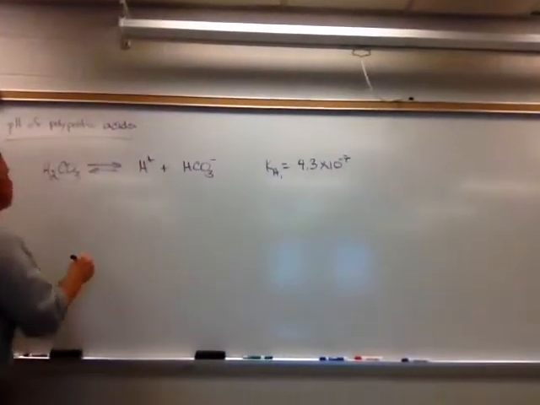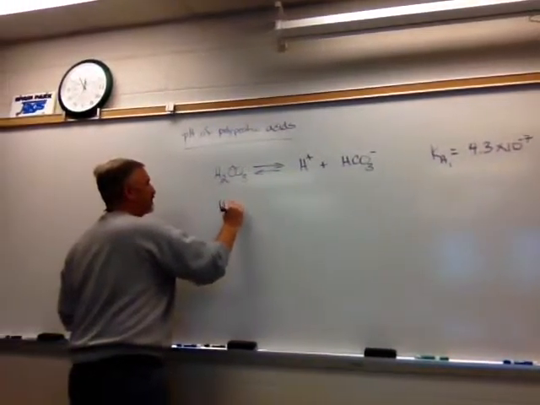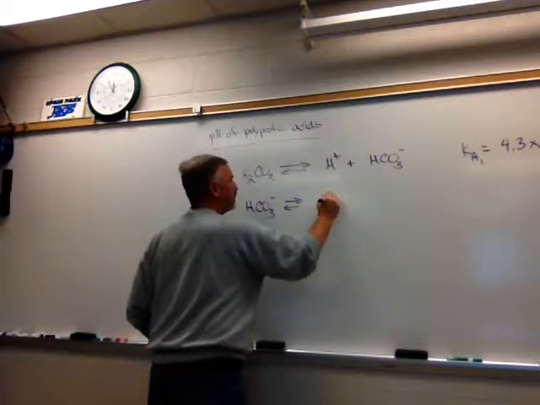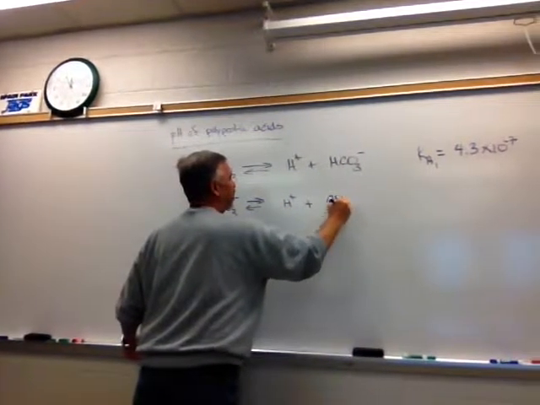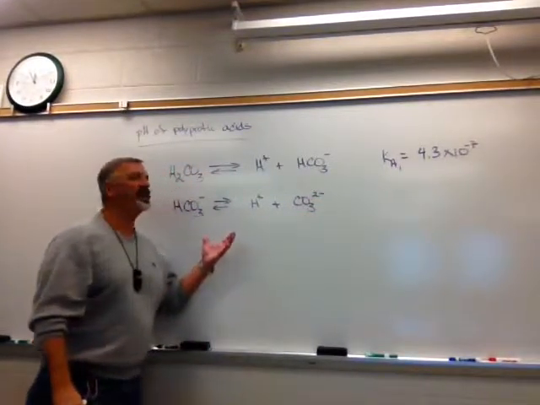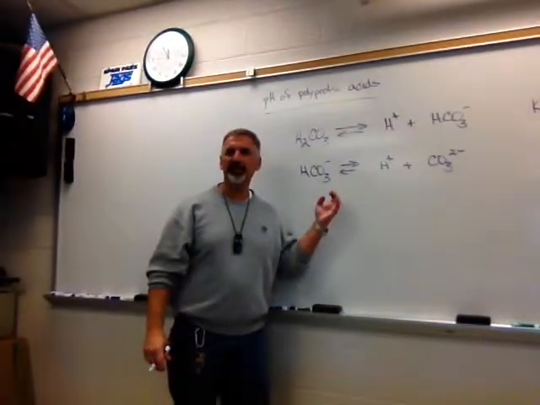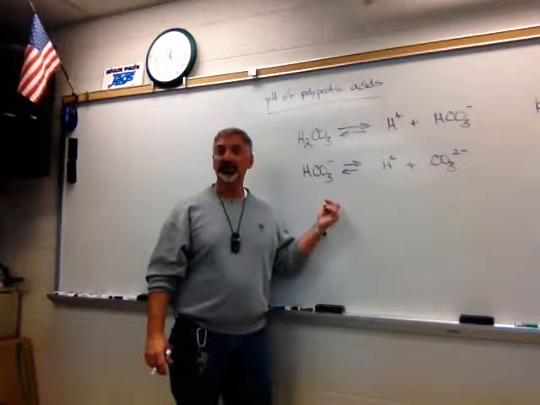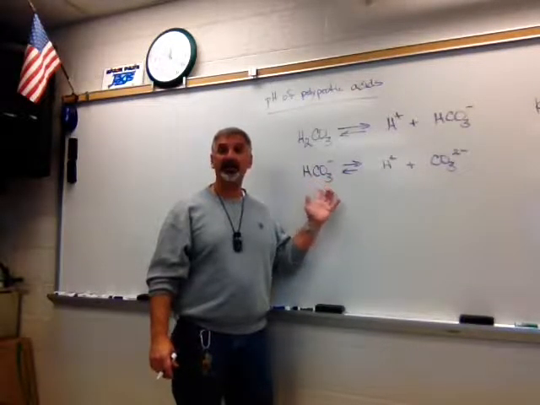But then we go to lose the second hydrogen from HCO3 minus: H plus and CO3 2 minus. Now, what do we expect the value of Ka to be for this second one? A lot bigger? Meaning it's going to ionize to a greater extent?